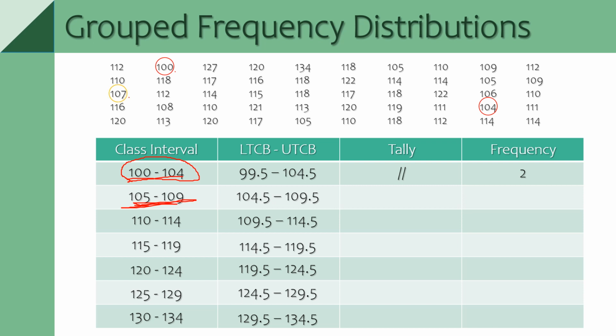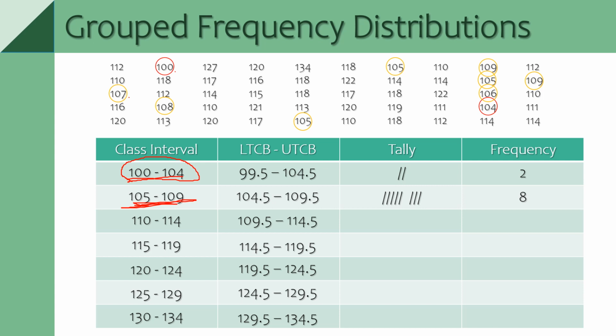So, we have here 1, 2, 3, 4, 5, 6, 7, and then 8. Okay, so may 8 na temperature in between 105 to 109.